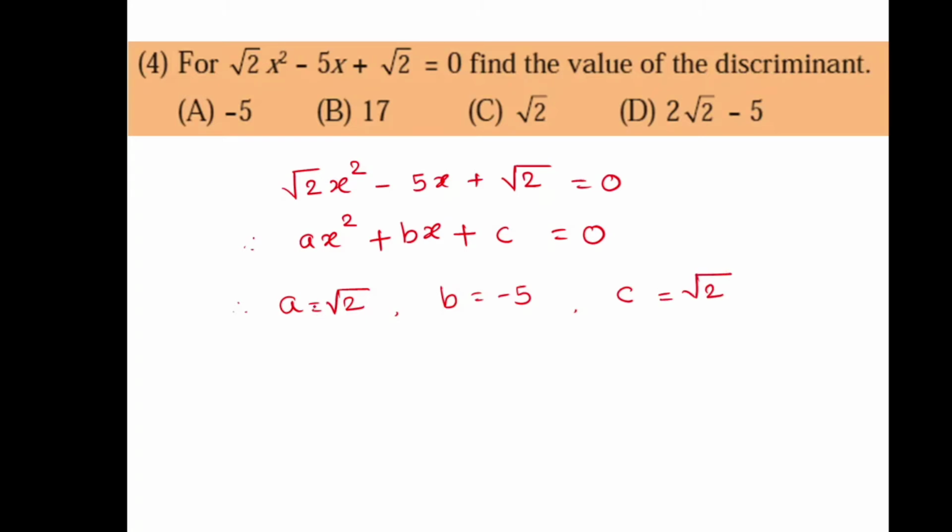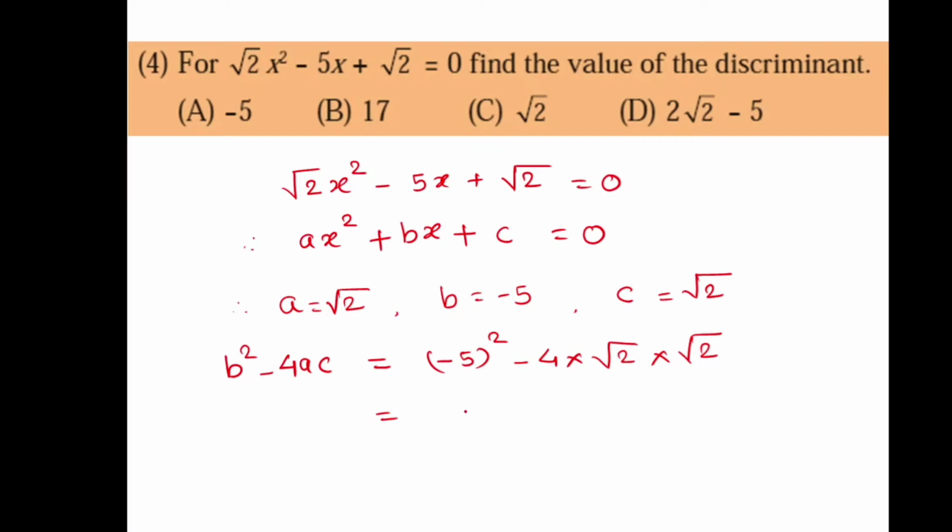Now as we have found the values of a, b and c, we can find now the value of the discriminant, which is b square minus 4ac is equal to, now b square, that is minus 5 square, we will replace here values of a, b and c, minus 4 into ac, a is root 2, into c is also root 2.